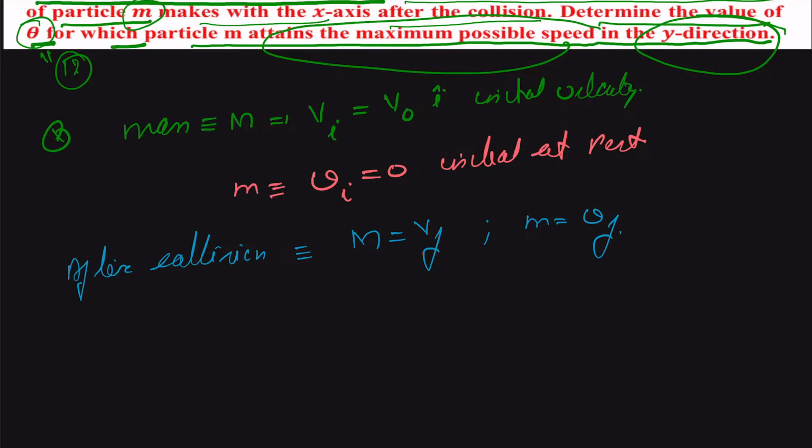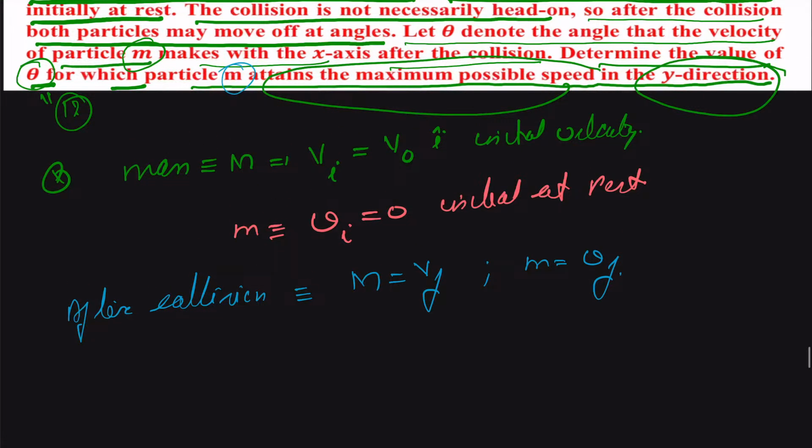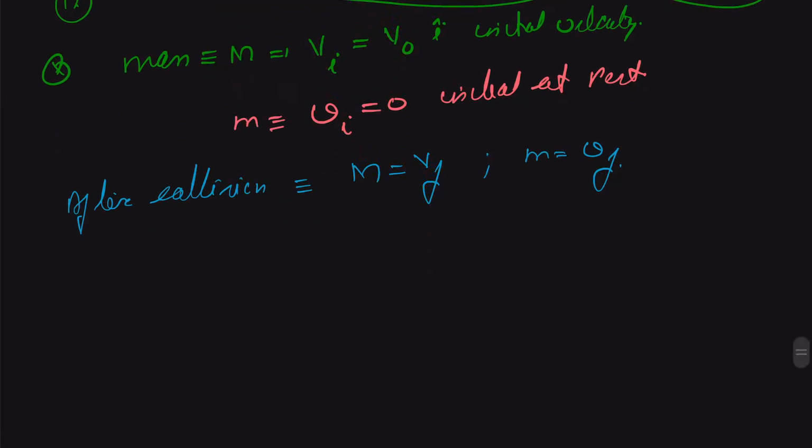And we are only interested in this small m, so we are going to resolve its velocity into two components. So this is our horizontal position, and let us suppose this m moves in this direction with the velocity vf at angle of theta. So we are going to get this as vf cos theta, and this as vf sine theta.